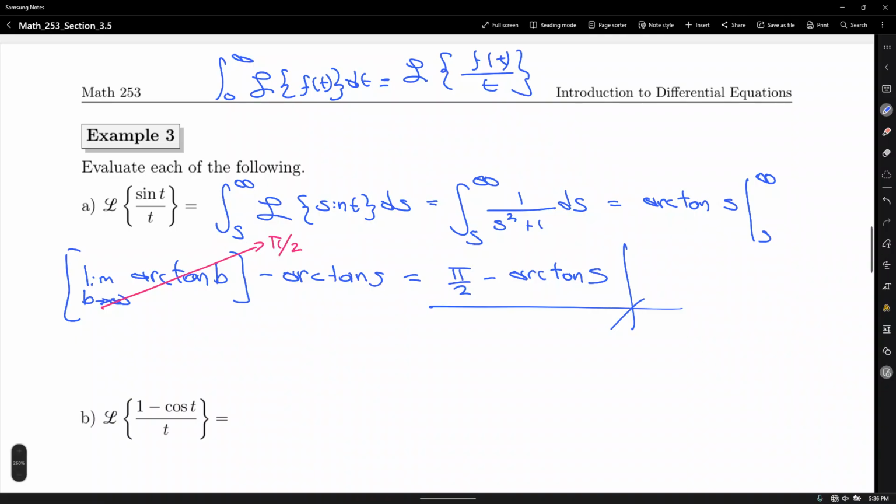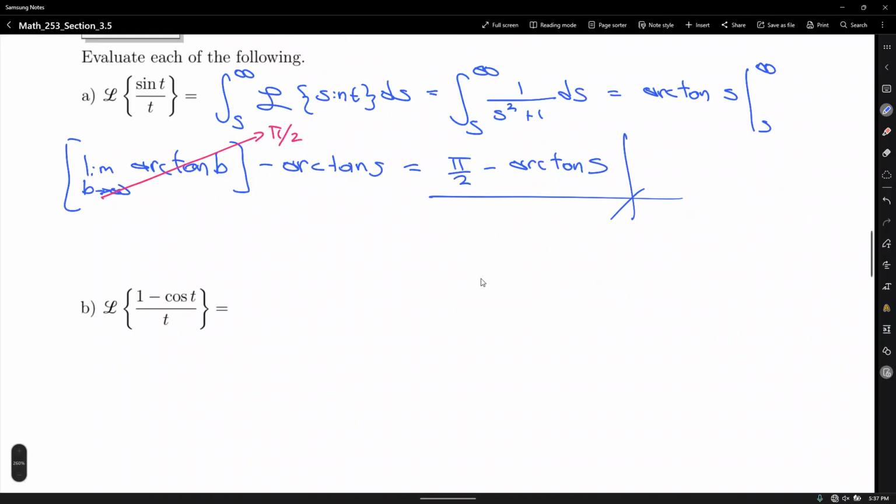We're going to do the same for another function of t with a division by t. That is 1 minus cosine of t divided by t. Let's see what we get. The Laplace transform of a function divided by t to the first power is the same as evaluating the integral from s to infinity of the transform of the function in the numerator, that is 1 minus cosine t, ds.